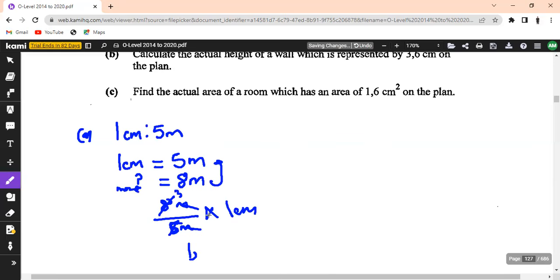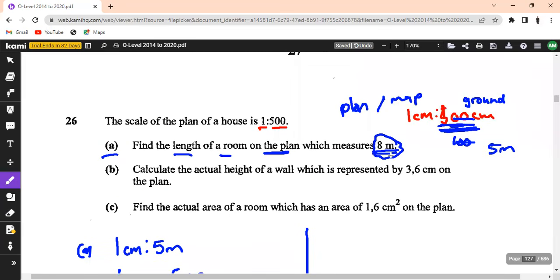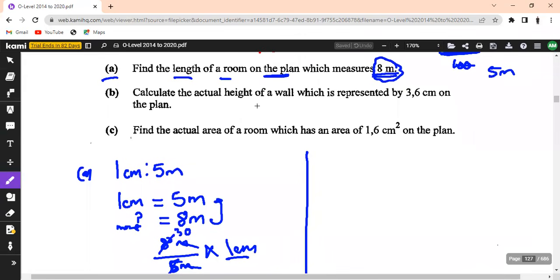So it's going to be a comma, then 5 into 30, which is a 6. So it's 1.6 times 1 centimeter, which is 1.6 centimeters. All right, so this is the equivalence that you are going to have on the map. So on the map, you are having 1.6 centimeters, but on the actual ground, you've got 8 meters. That's it.